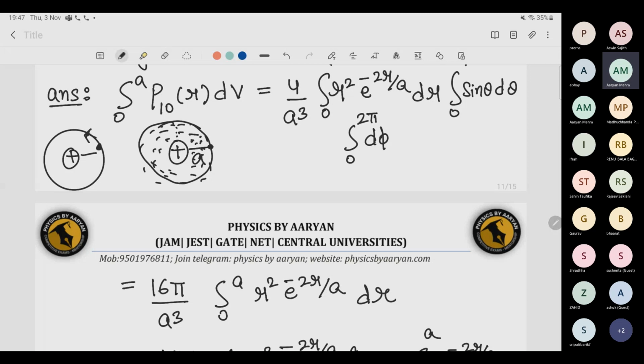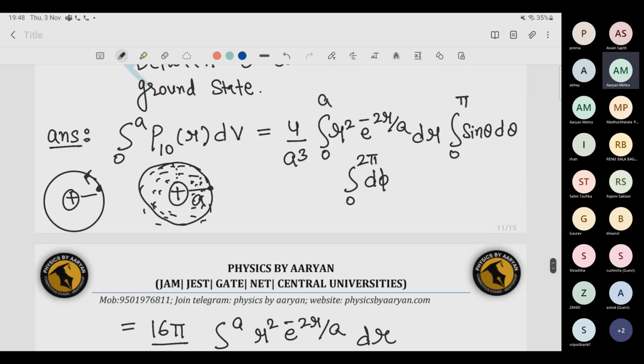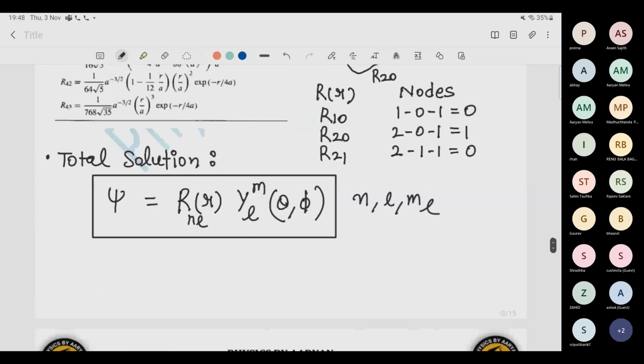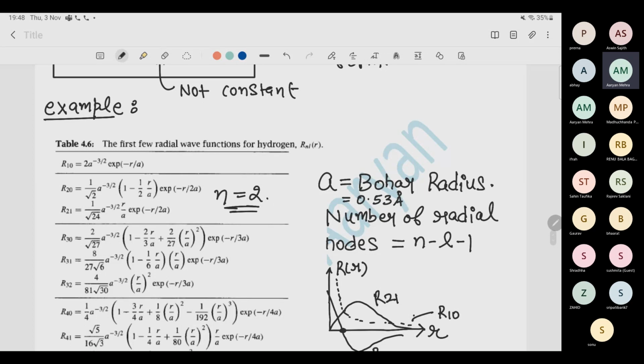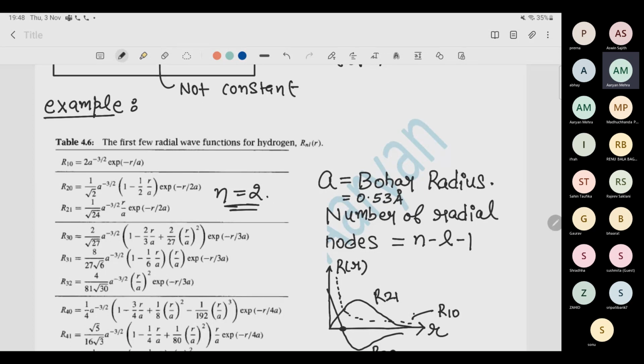Why? Because if you see the R10 function, where will this function actually become 0? Infinity. So your electron is still there out to infinity. But the practical limit is this: if you go to 3 or 4 times A, it will go to almost 0.